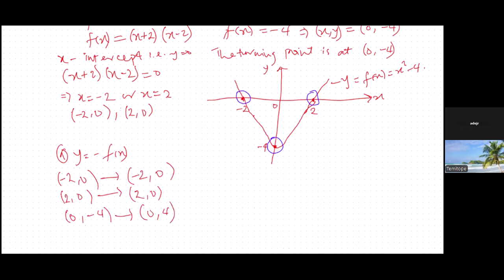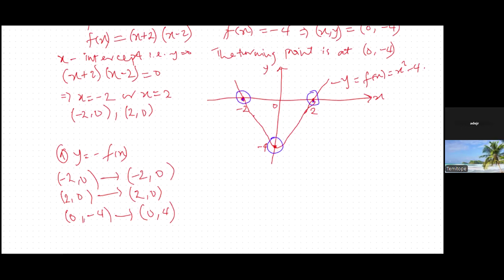Don't forget, I told you that reflection in the x-axis means it will change the sign of the y coordinate. So these are y coordinates, and you can see 0 remains 0. So -4 will now become plus 4. So we'll now have the points: these coordinates still remain the same, (-2, 0), (2, 0).